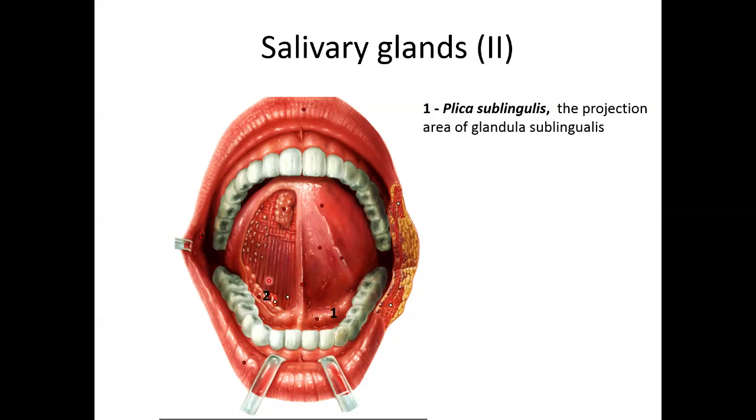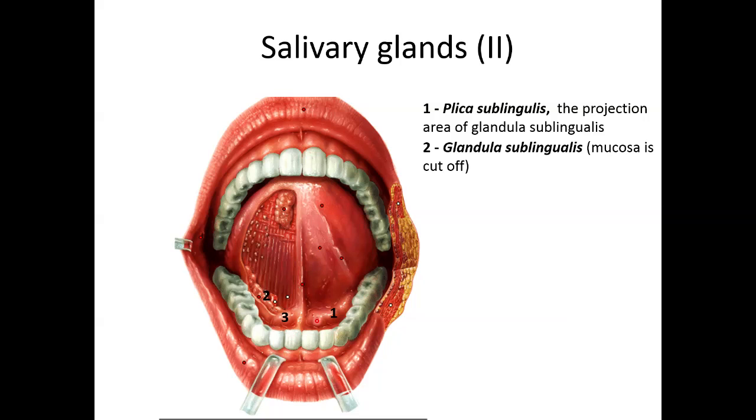Then number 2. Number 2 in our picture is glandula sublingualis. Again, we can say that here the mucus was cut off. And now number 3.